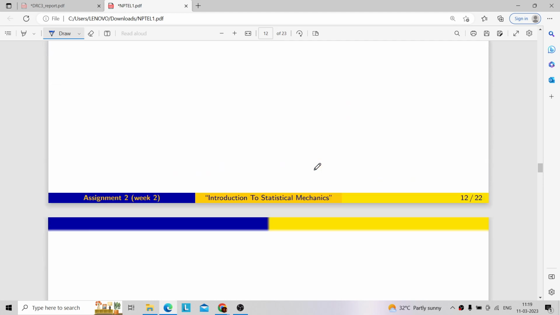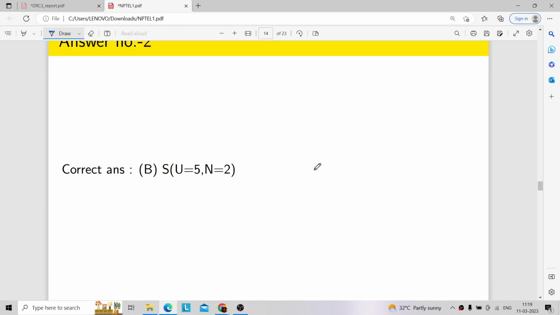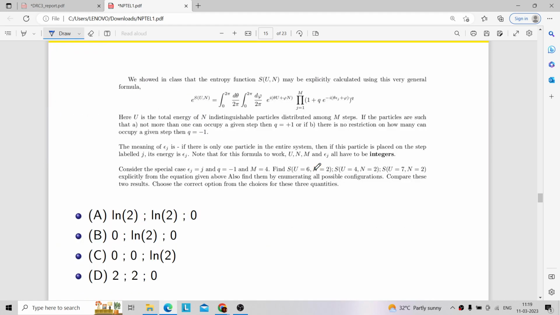So coming to this next question, we are given this microstate formula. This is e to the power s, which has a form similar to the last question. With plus 1 it's fermion, minus 1 it's boson, and these are integers.